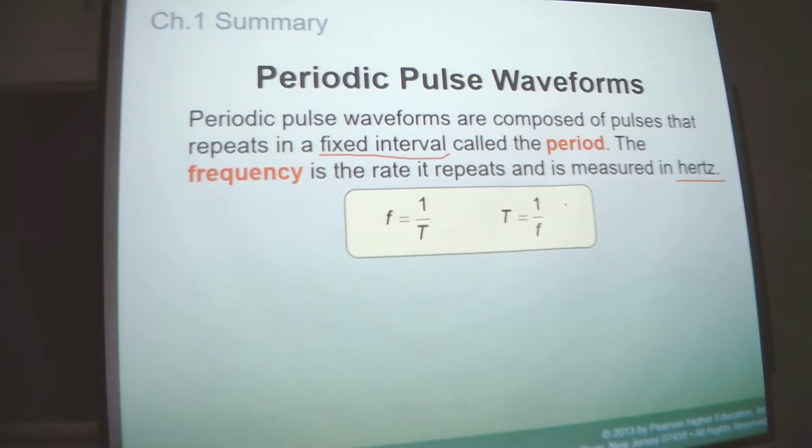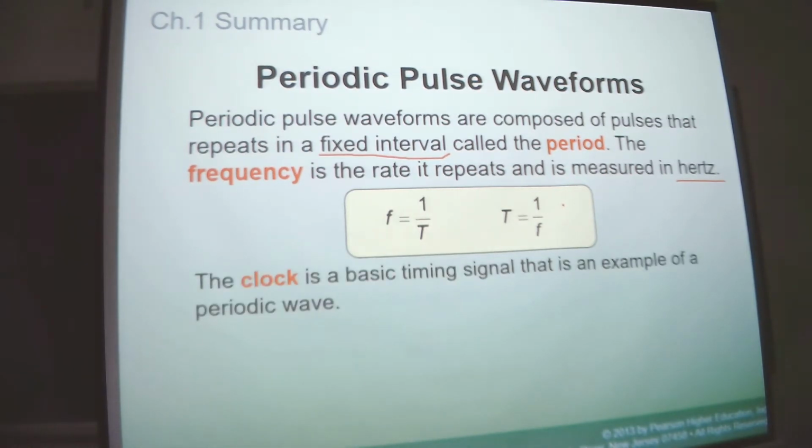The unit of T is seconds, and the unit of frequency is hertz. And also hertz and cycles per second: these two units.